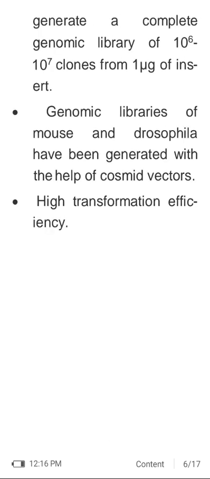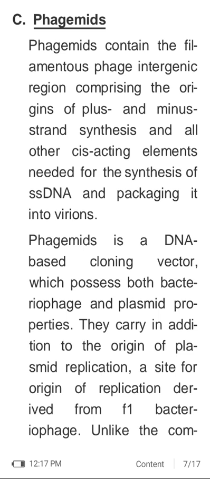Increased efficiency to generate a complete genomic library of 10^6 to 10^7 clones from one μg of insert. Then genomic libraries of mouse and Drosophila have been generated with the help of cosmid vectors. Then high transformation efficiency.